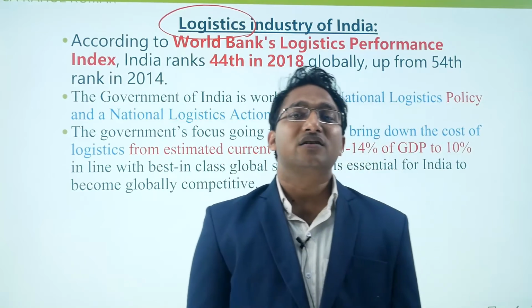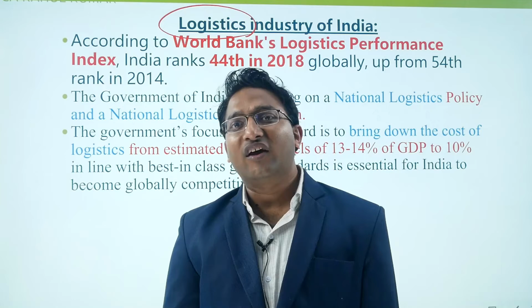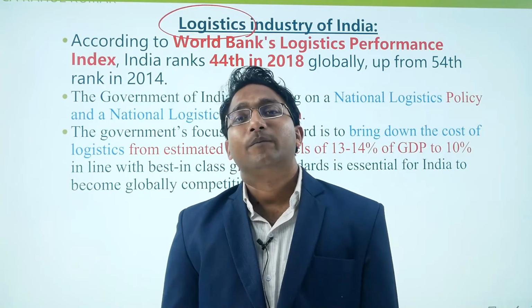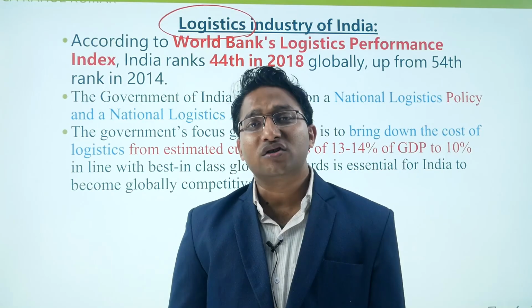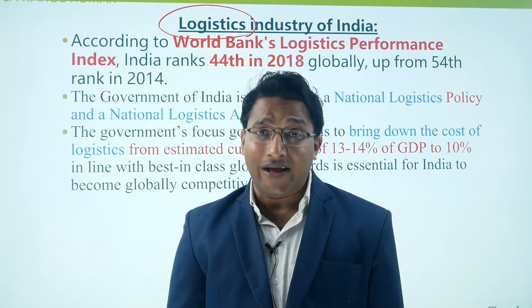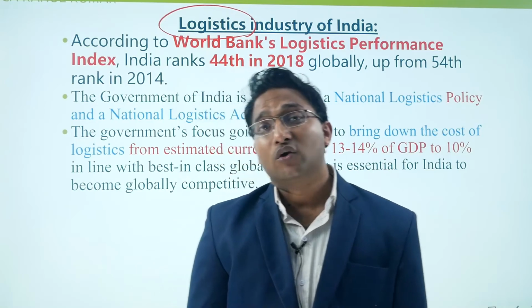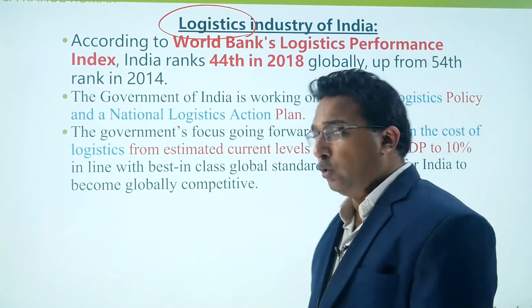As of now, India's logistics costs are more than 13%, which is very high as compared to the world average. In the world, the average rate is less than 10%. So this logistics cost actually increase the cost of production, because of which the countries are not ready to come into India. So therefore, logistics sector has been given separately in the economic survey also.